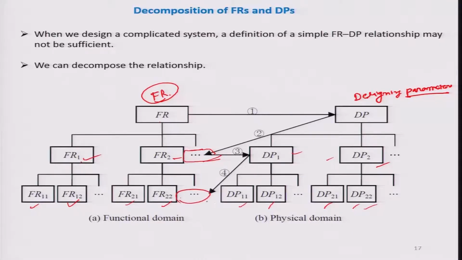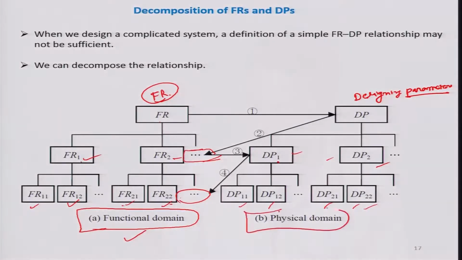Here FR21, FR22 is linked to DP1, you can see an example. So you have decomposed your functional domain as well as physical domain.